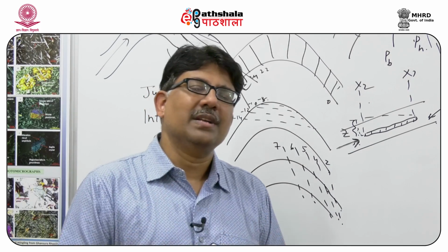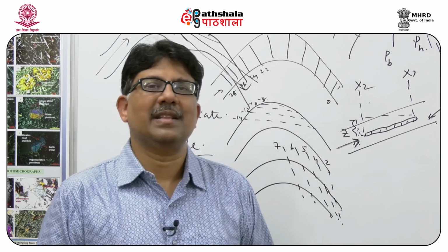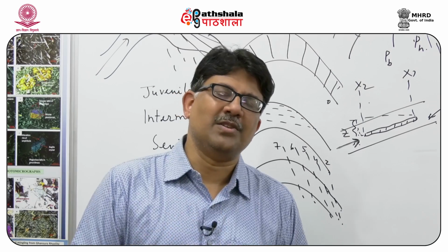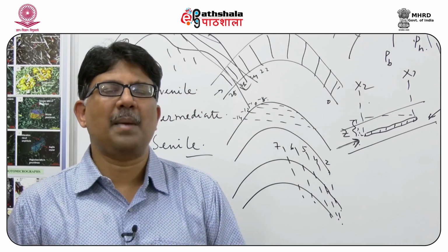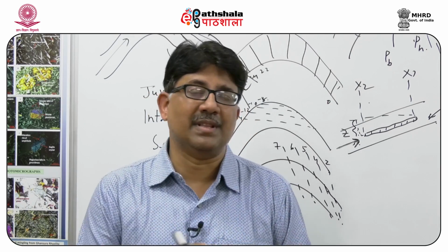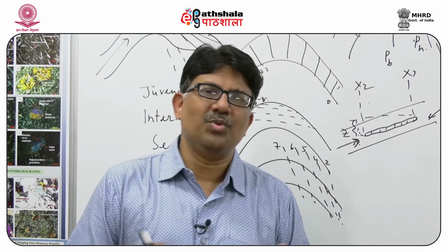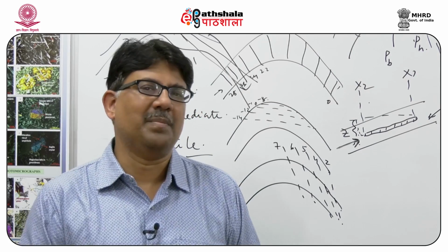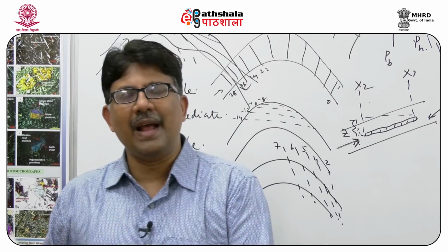Depending on whether the dip of the structure is less than or more than the isopotential surface of oil, it will decide whether there will be entrapment in the down dip portion of the structure or not. We have also discussed how we classify basins depending on the occurrence of hydrocarbon: juvenile basin, intermediate basin and senile basin.